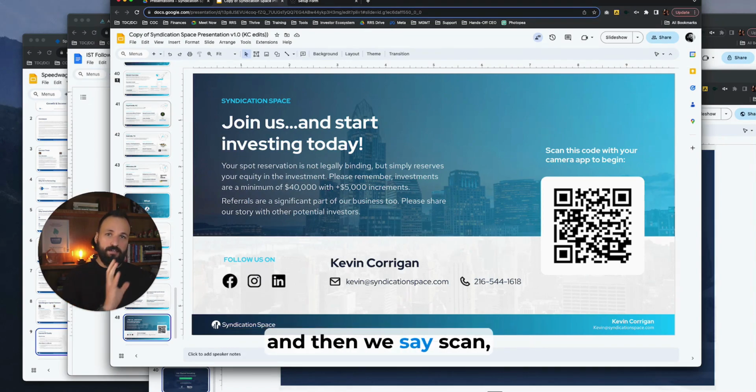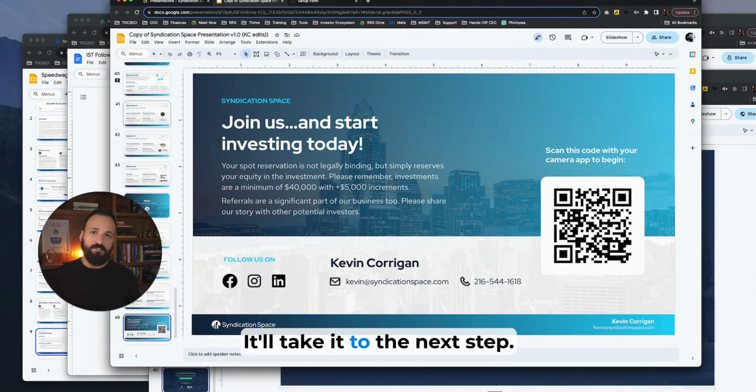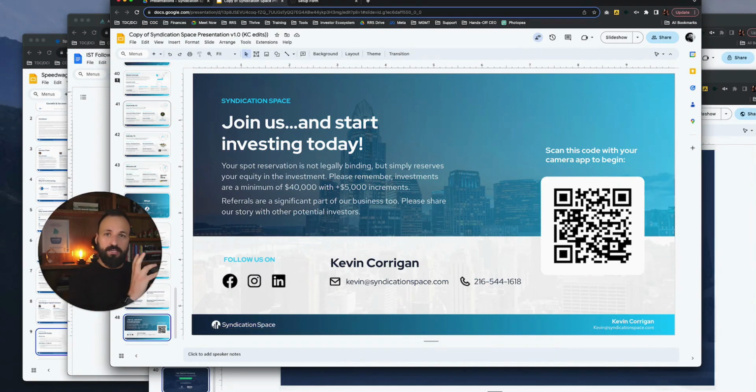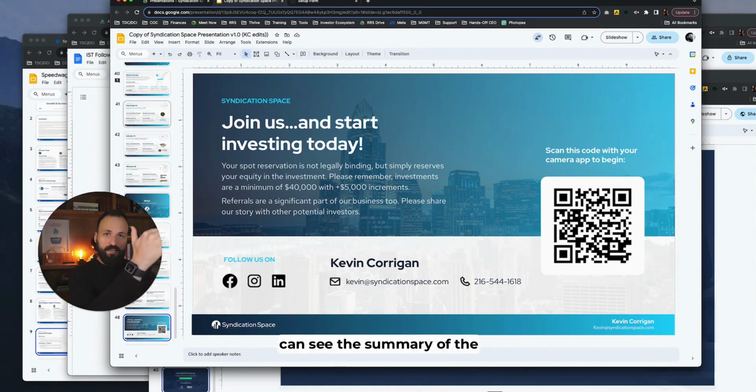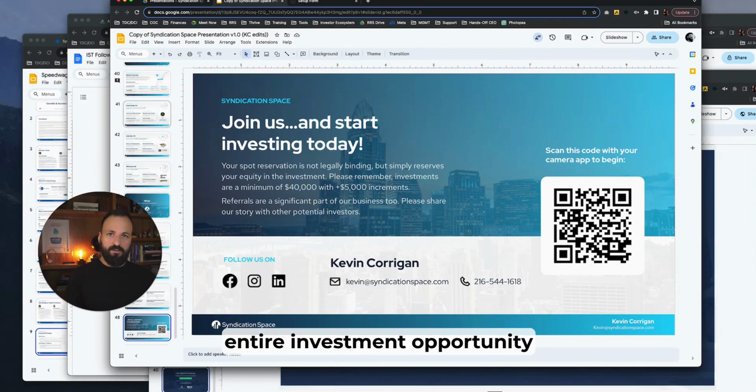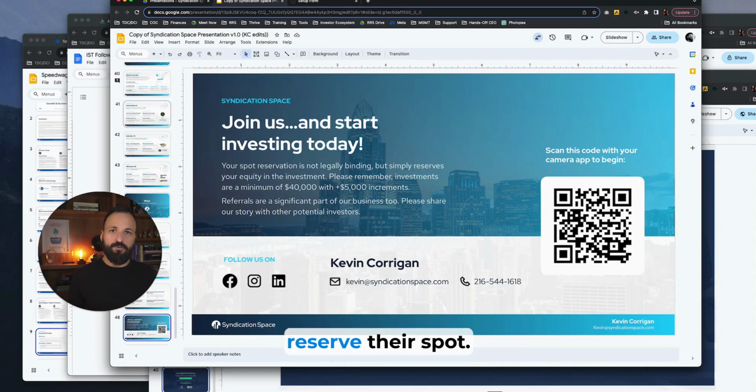Then we say, take your camera app out on your phone, point it to the screen, and click the link. It'll take you to the next step, and that's going to link you to the investor portal where they can see the summary of the entire investment opportunity, take the next steps and reserve their spot. Also, if they have any additional questions, they have the email address and phone number.